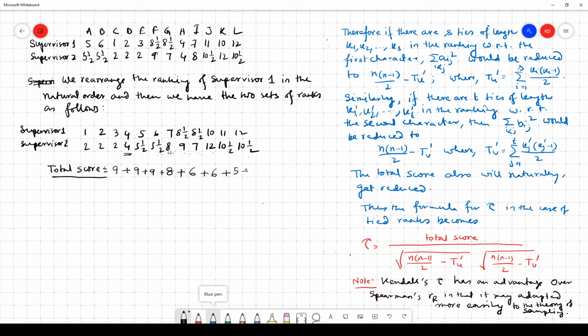If you look at 8, the numbers greater than 8 are 1, 2, 3, 4, and 1 is less than 8, that is 7. If you look at 9, now look at the right hand side of 9. There are 3 numbers greater than 9 and 1 is less than 9, that is 7, that is 3 minus 1.